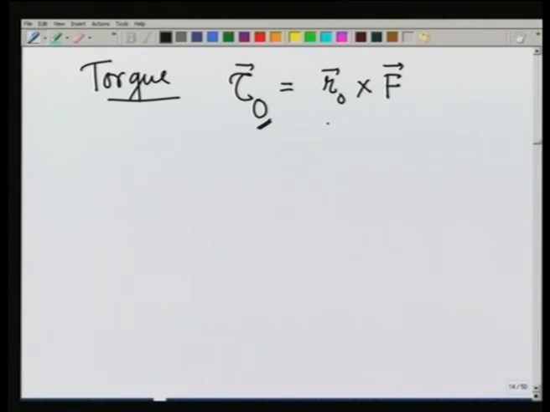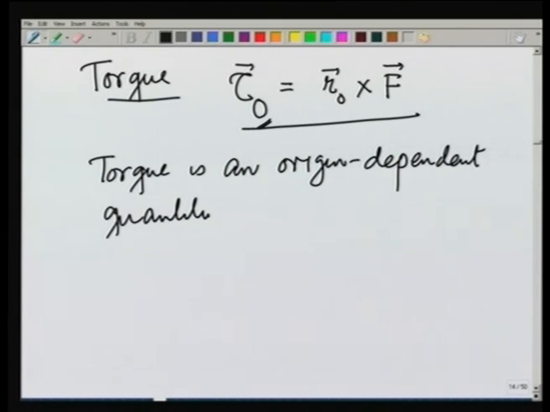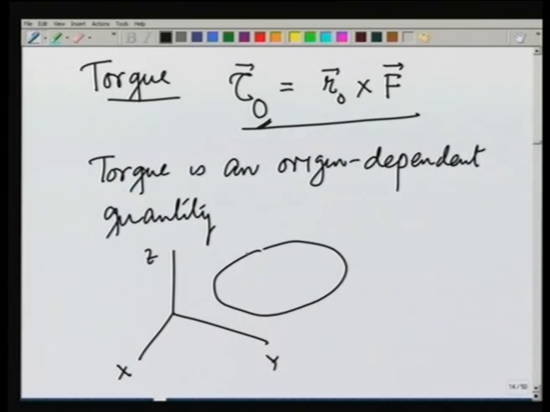But naturally, when you define torque like this, it is an origin dependent quantity. For example, let us take x, y and z axis. Let us take a body here.